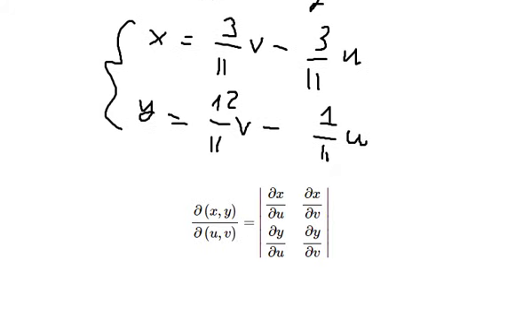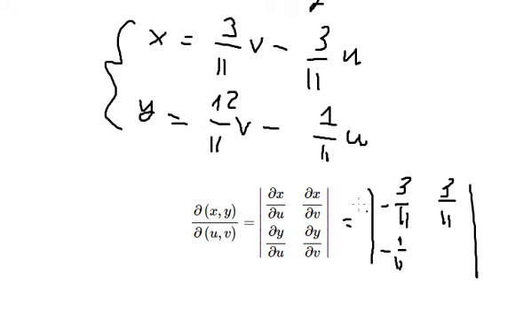Next, we use the Jacobian to find the value to do double integrals. So first, the derivative of x with respect to u. That's this one. Next one is with respect to v. Next one is negative 1 over 11.